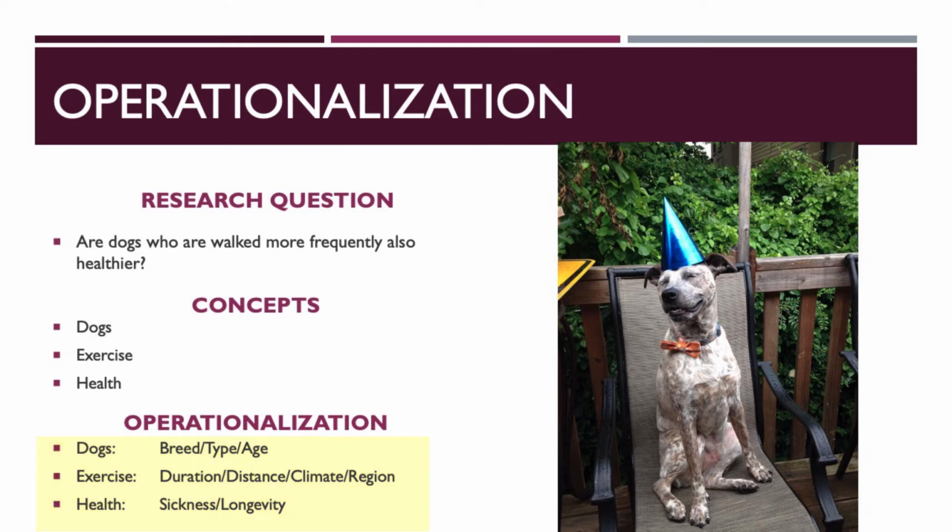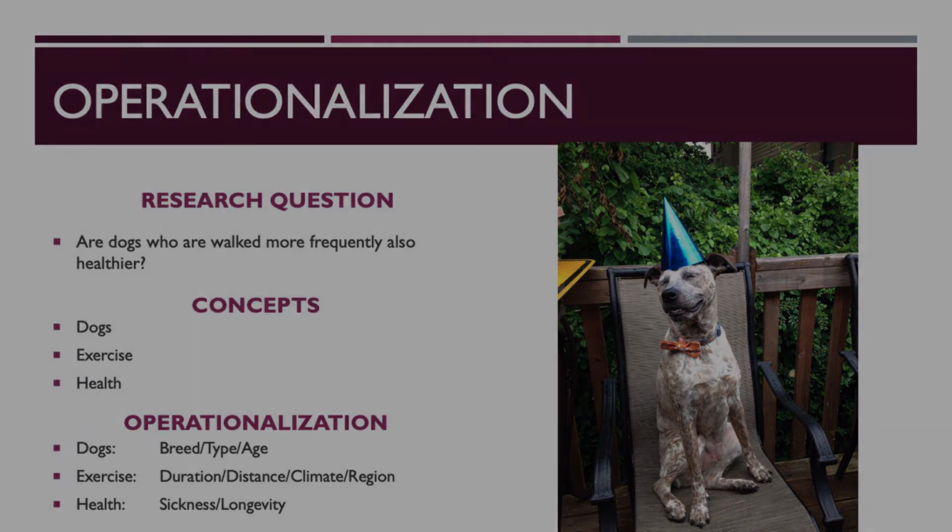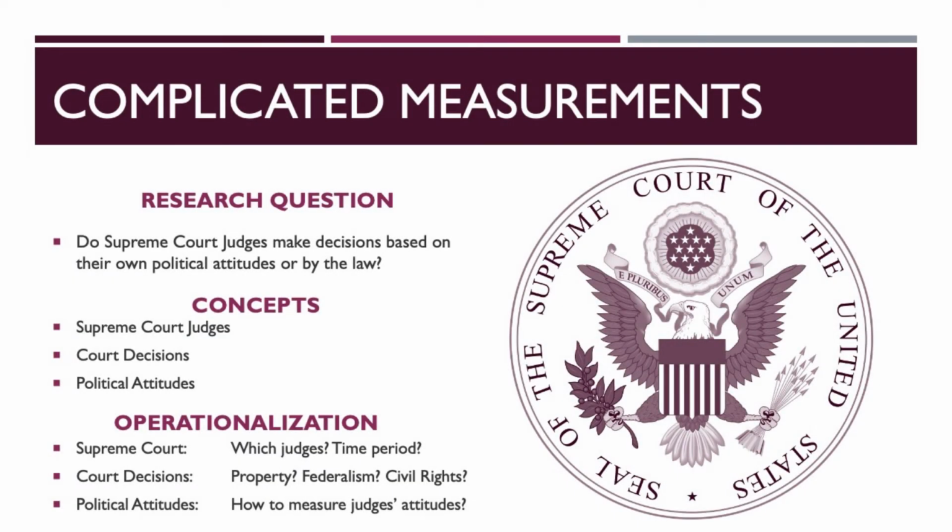So all of these concepts have to be painstakingly thought about and discussed in the research paper, because you want to have a very specific research question with very clear operational terms.